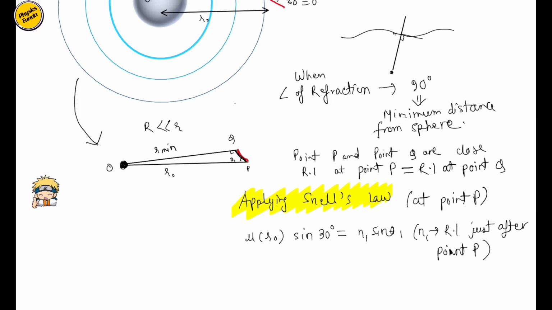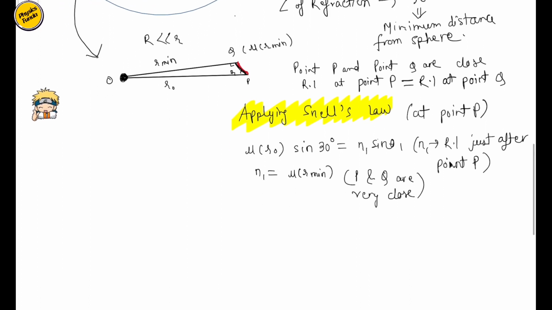So the refractive index at point Q I can take to be mu of R minimum. So n1 value I can take as mu of R minimum because points P and Q are very close. Okay, that's the catch of the question.